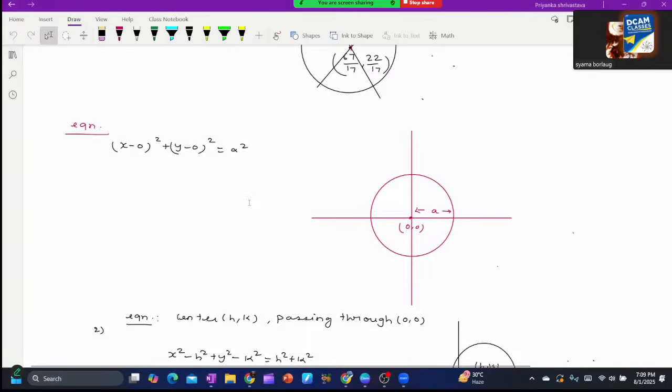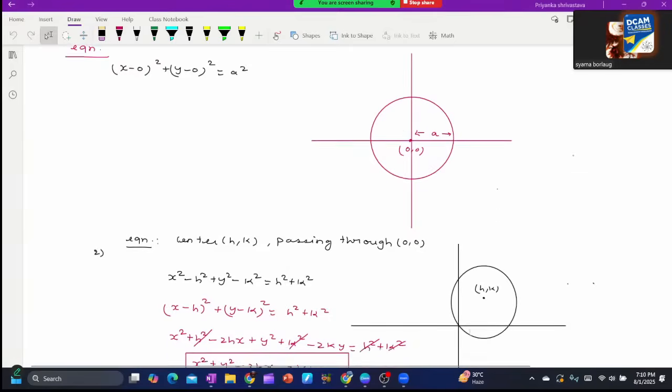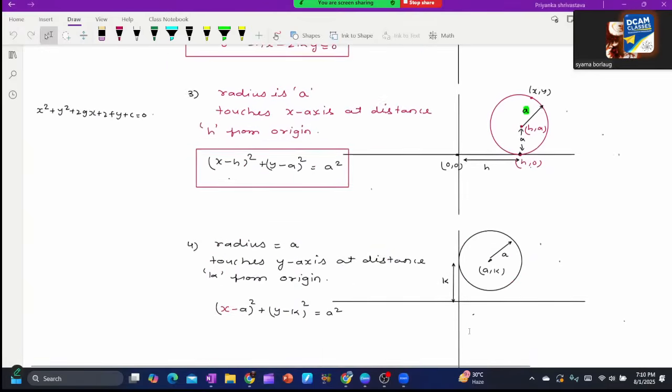The basic part is actually covered. What did you do today? I forgot. Position of a point in a circle. Now after that, I have given various cases in which we try to find the equation of the circle.